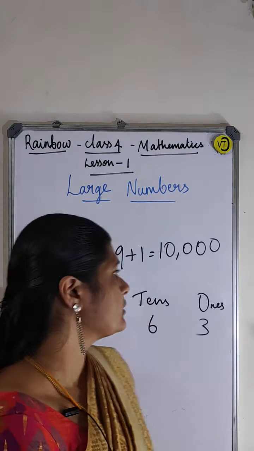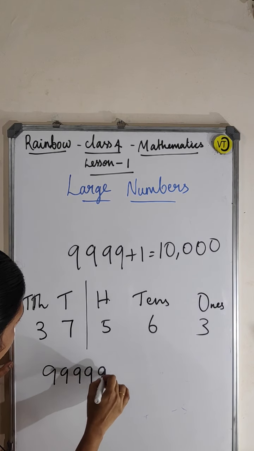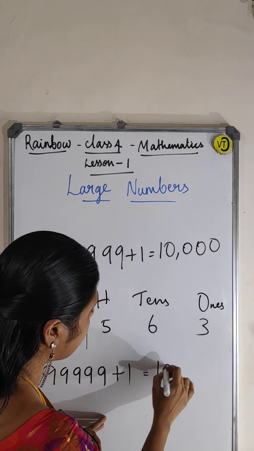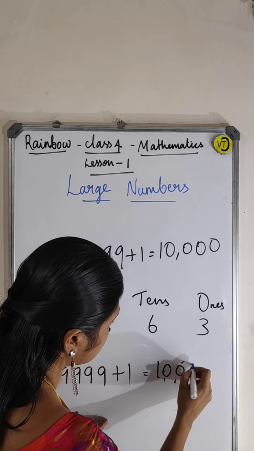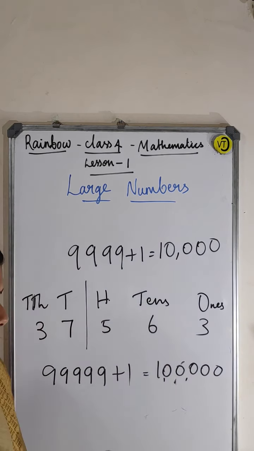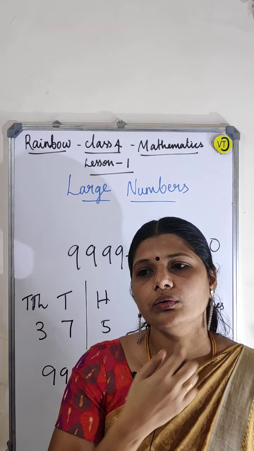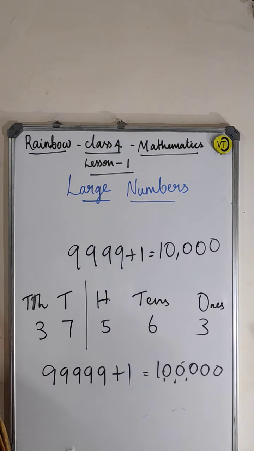Right? So 99999, a 5-digit number, you add 1 and you get 1 lakh. Okay.